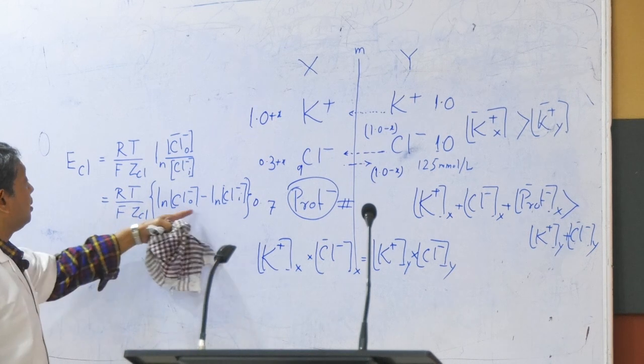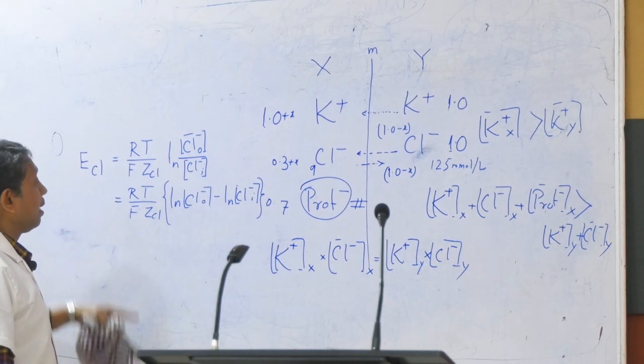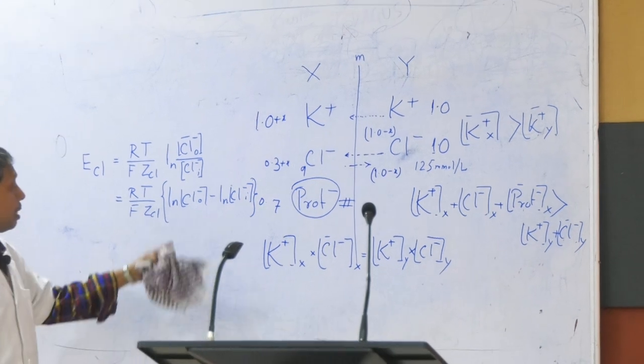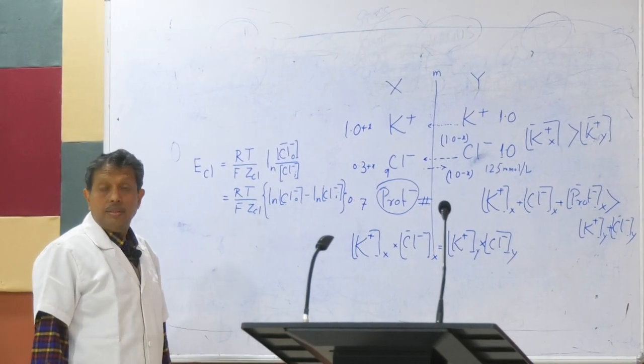Now RT, this, and this: one is due to concentration gradient and another is due to electrical gradient.